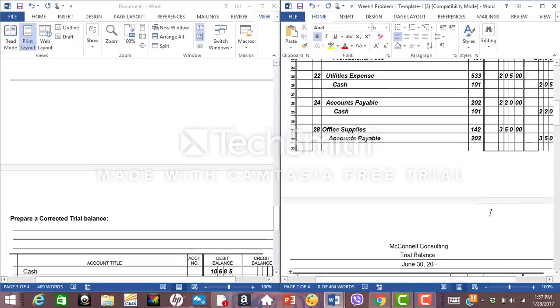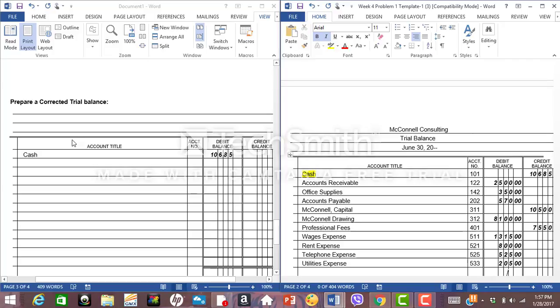I don't think they paid off anything, so accounts receivable is good. So I'm going to add accounts receivable, oh, it's taking a while. Okay, and obviously the account number over here will be 122.